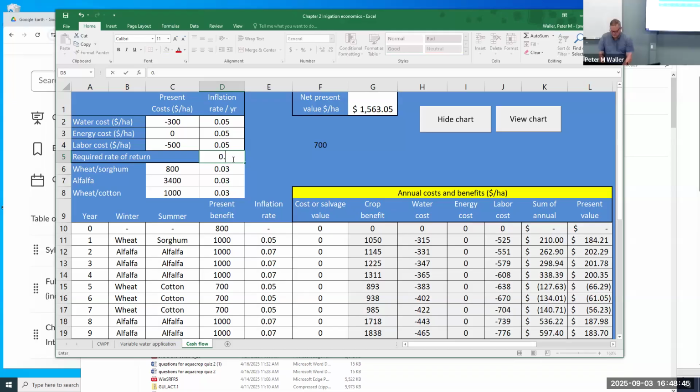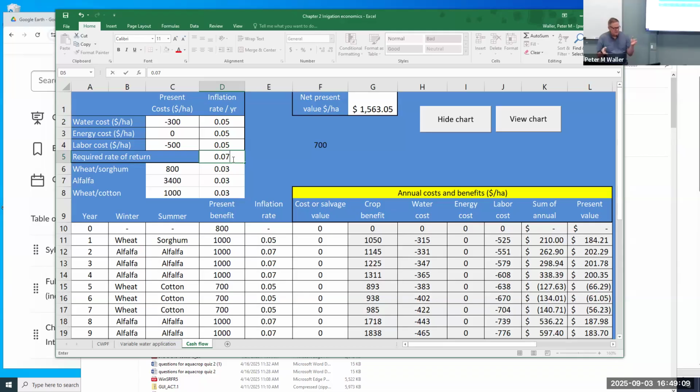But an easier way to think about it is if I can just get a CD at the bank for 5%, I can just invest my money in the bank, get a sure CD, and I get 5%, then I'm not going to invest anything on my farm where I'm getting less than 5%. Or let's say I invest in the stock market and I assume I get 8% a year.